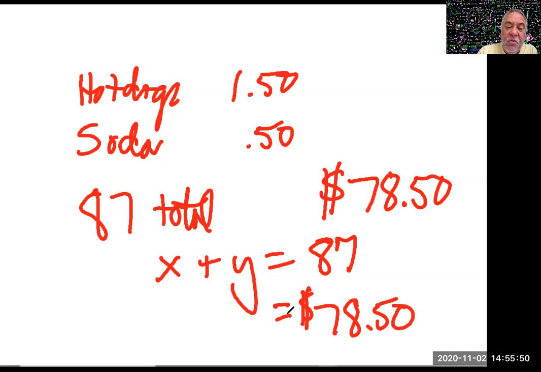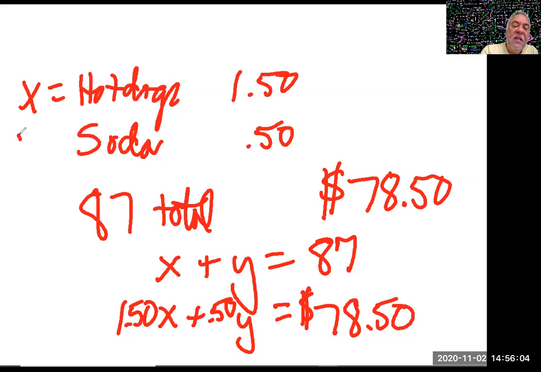But what you have to do now is figure out $1.50 times the number of hot dogs plus 50 cents times the number of sodas. So one of the things you have to do is set the variables. I always use x and y because your calculator is used to those. Some calculators, if you use different variables, then you have to define those variables.